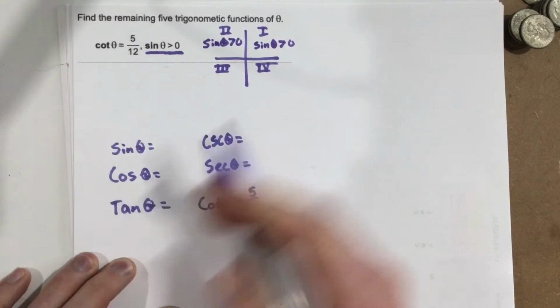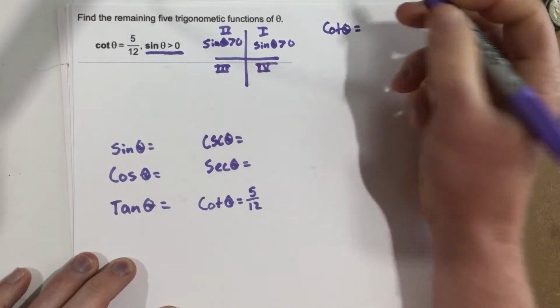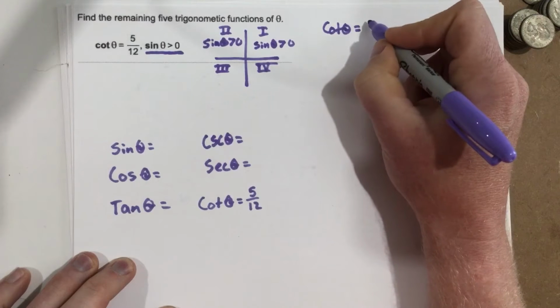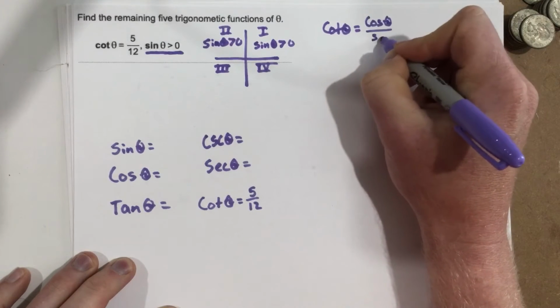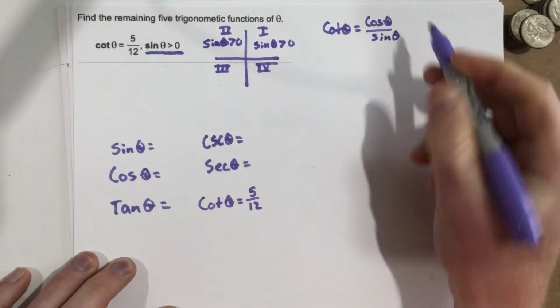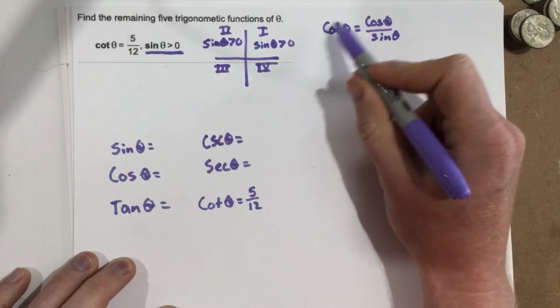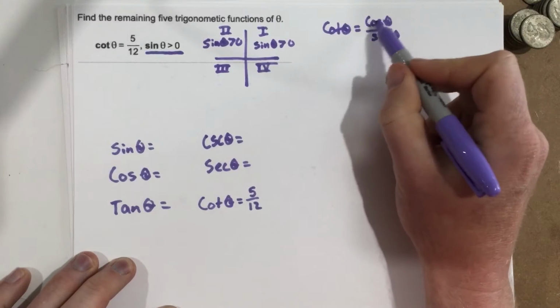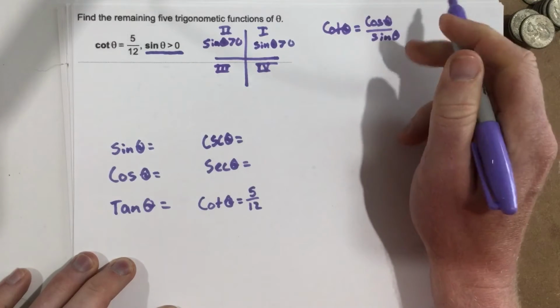Cotangent, where's that greater than 0? Remember, cotangent theta, if you look at your trig sheet, is cosine theta over sine theta. So the only time cotangent is positive is when cosine and sine are both positive, or when cosine and sine are both negative.